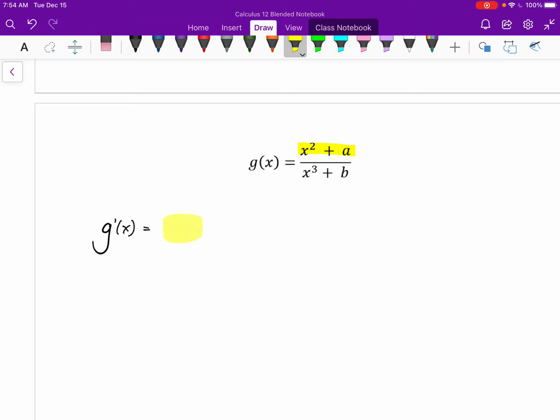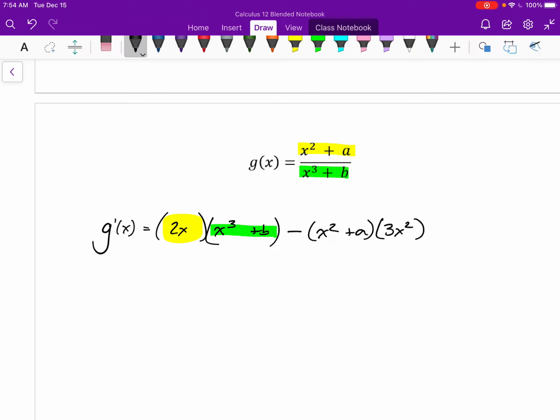So just 2x times the denominator left as is, so x cubed plus b, minus the other way around: the numerator as is times the derivative of the denominator, which is 3x squared plus 0, or just 3x squared. And all of this is divided by the denominator, x cubed plus b, all squared.